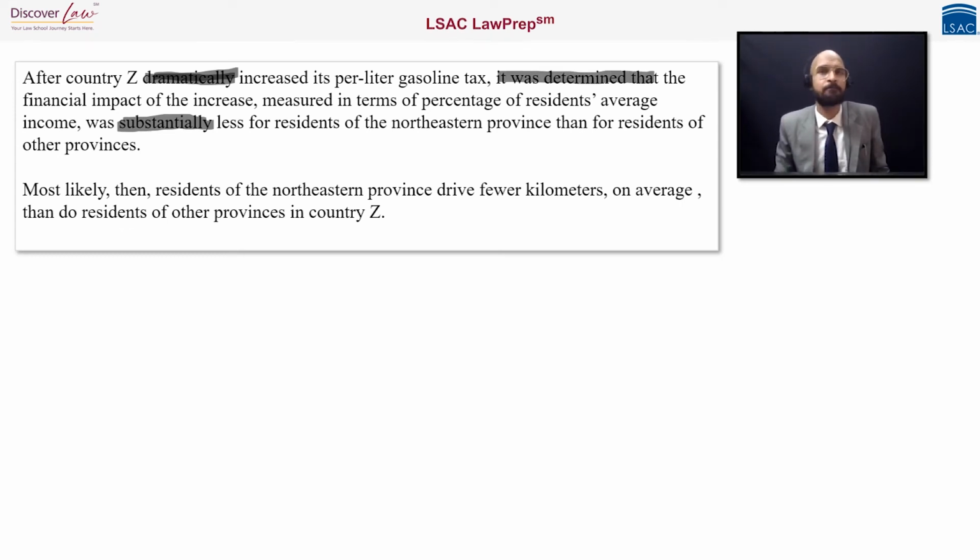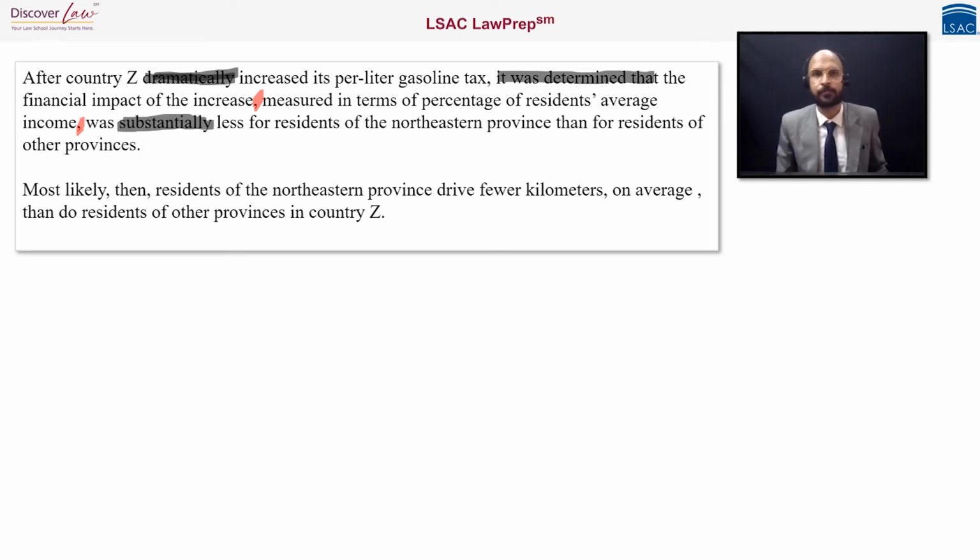Then, what is there between the commas here is telling you how this financial impact was measured. You can either black this out first and look at the meaning thereafter, or look at the meaning first and then black it out. In this case, let's look at the meaning of it first together, and then I'll strike that out as well.